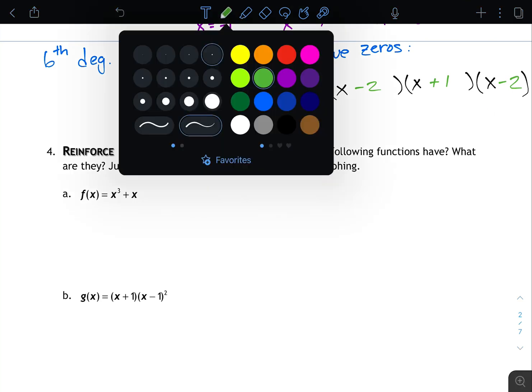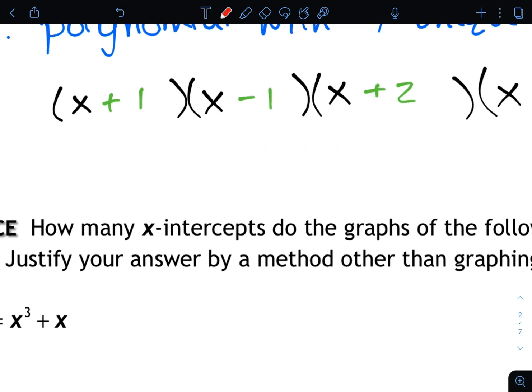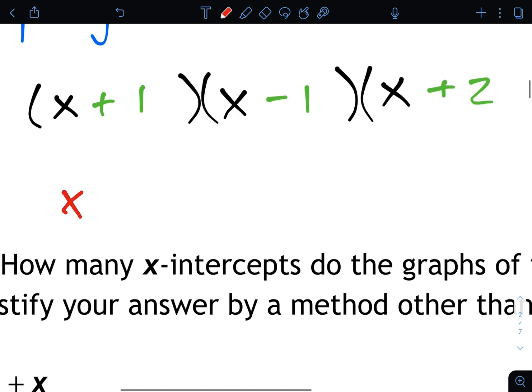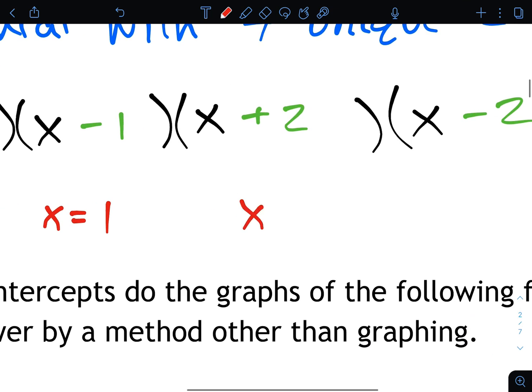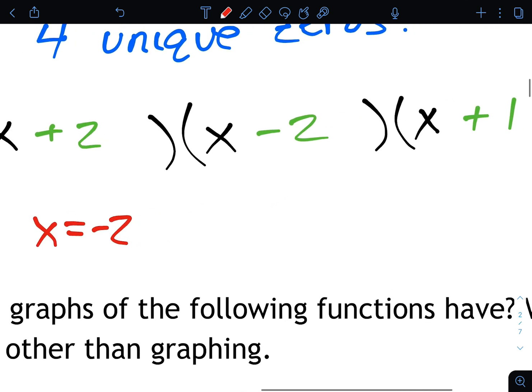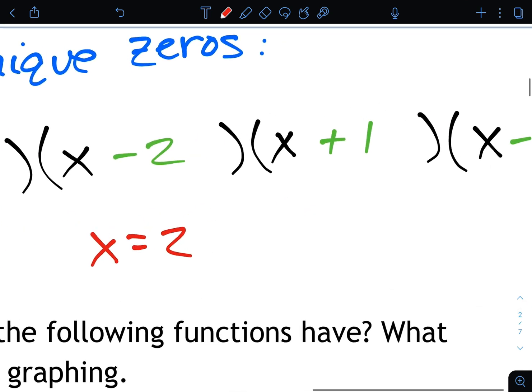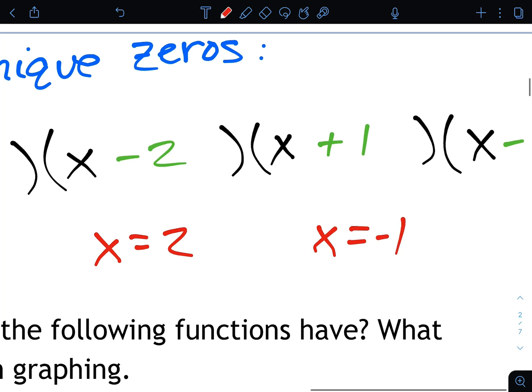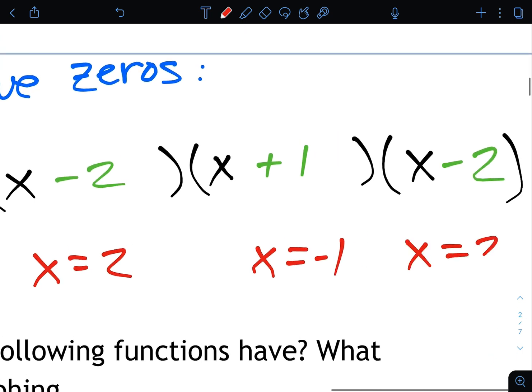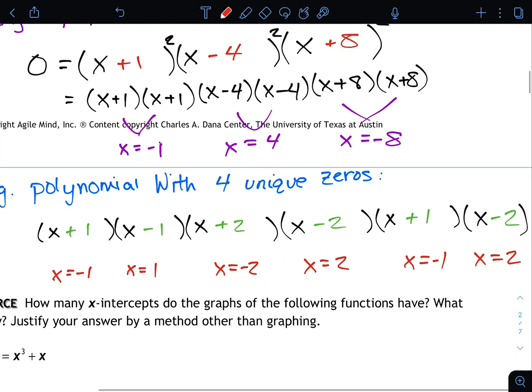So I know that if I were to solve these for their zeros, I would get x equals -1, x equals +1, x equals -2, x equals +2, x equals -1, and x equals +2. So here's a unique zero. Here's a unique zero.